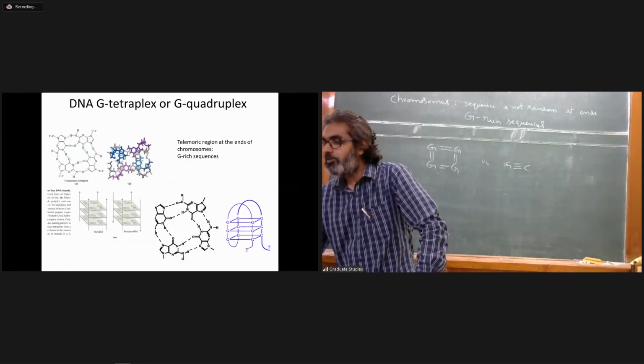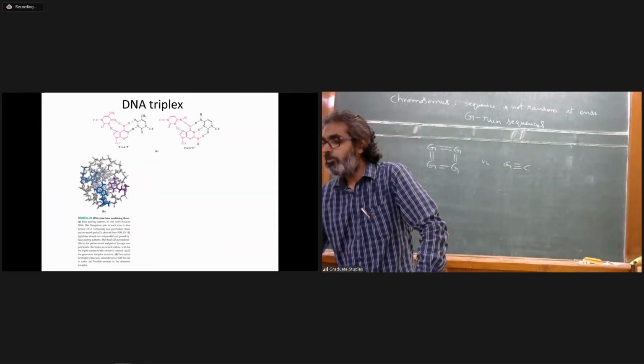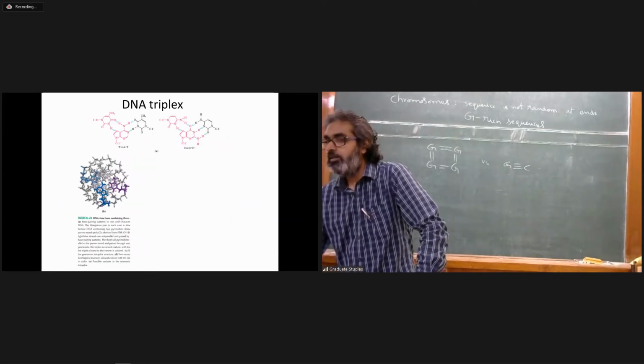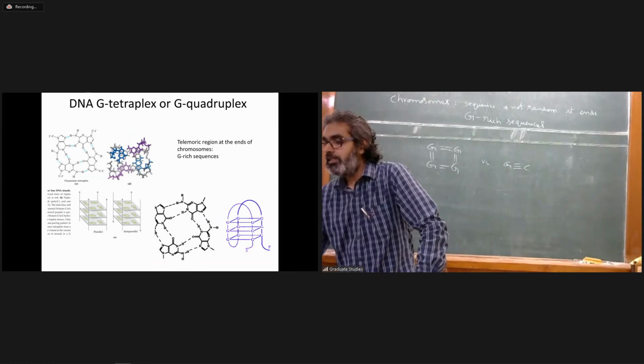No. We have to keep in mind that what I'm showing, the triplets and quadruplets, are not the canonical structures. Most of your DNA in chromosomes is double-stranded with complementary strands. That's why I mentioned G is very important towards the end of the chromosomes.